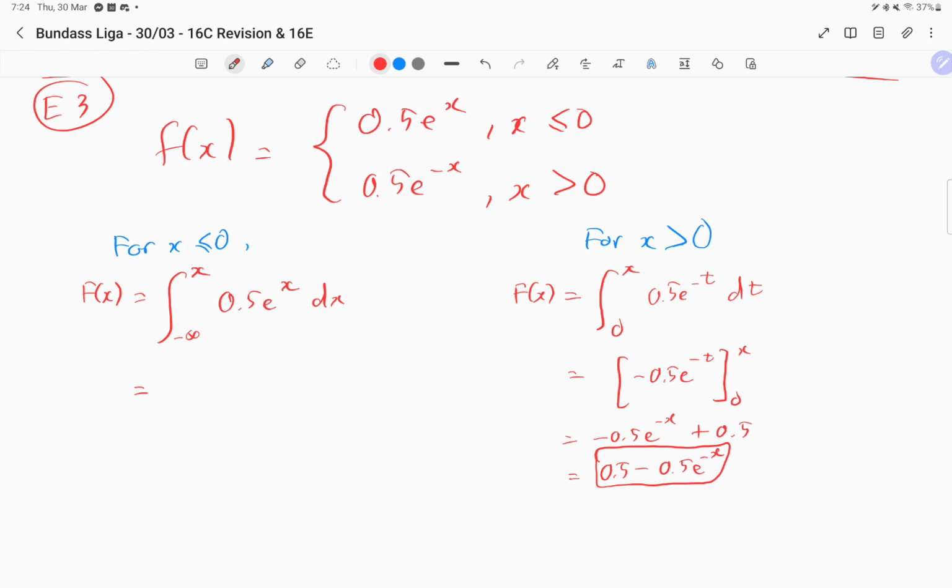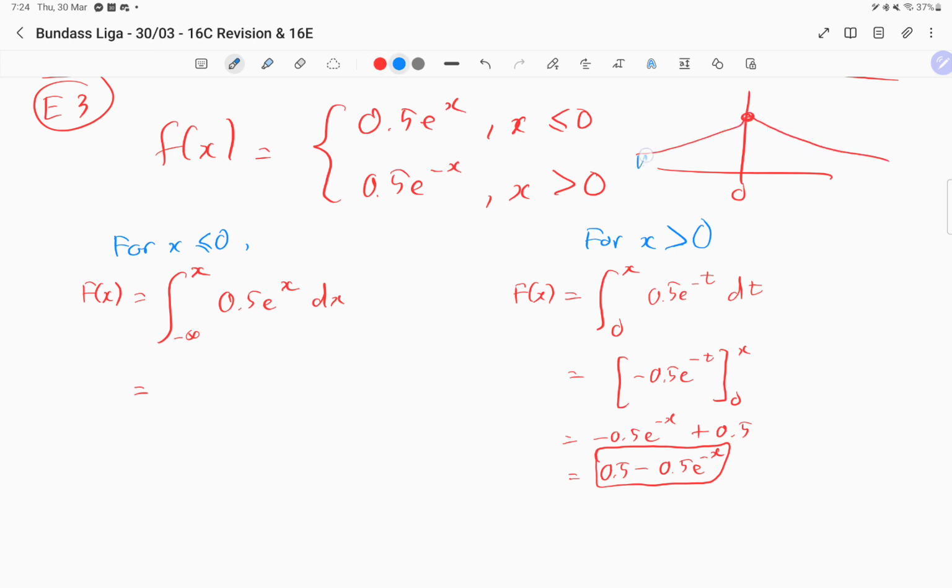Did you get the left hand side? Antiderive from negative infinity to x? No? Because when x is less than or equal to 0, this function looks something like this. At 0, after that it will look like that, and before that it looks like that.